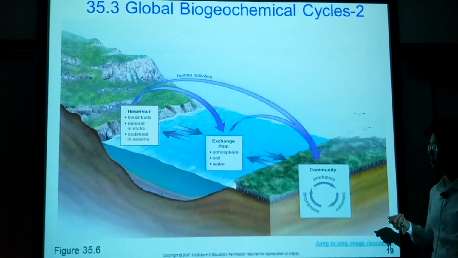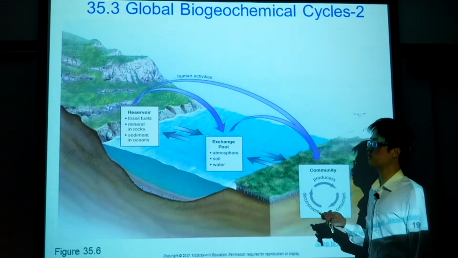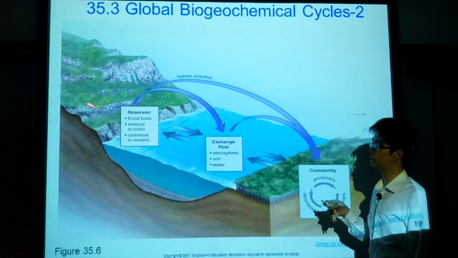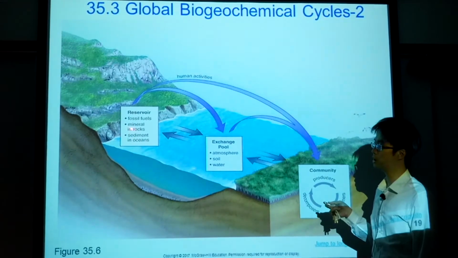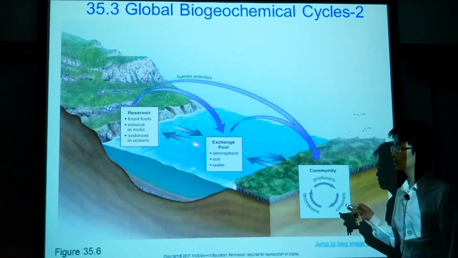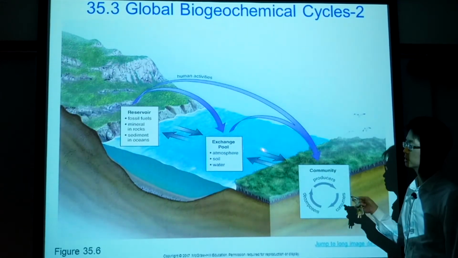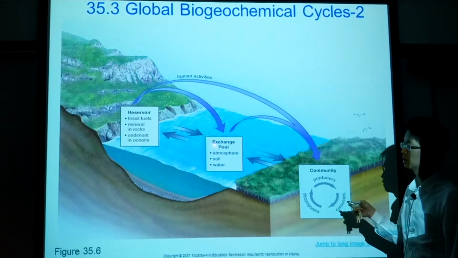So take a look at the picture, it will be easier for us to understand. The reservoir may be the fossil, the rock, or the sediment deep in the ocean. And then the exchange pool can be atmosphere, soil, or water. In this case, it is the water here.